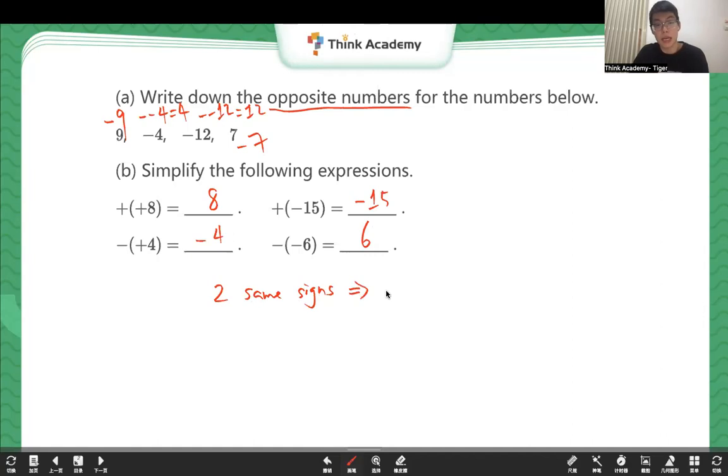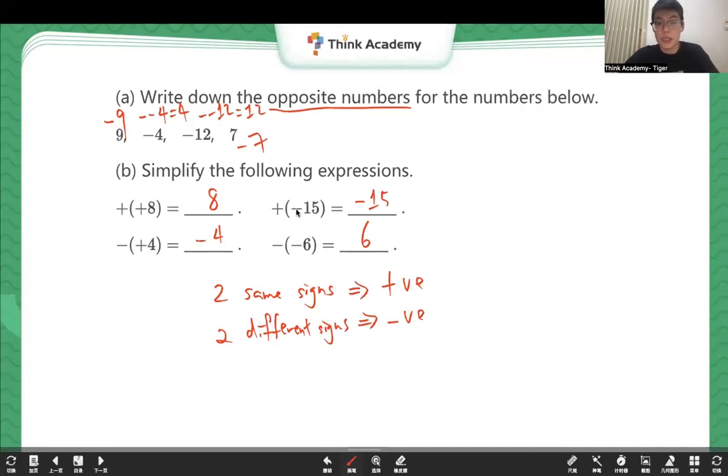If I have two same signs, that's going to be equal to a positive outcome. If I have two different signs, that is leading to a negative outcome. So we are talking about the addition or subtraction in front of a number.